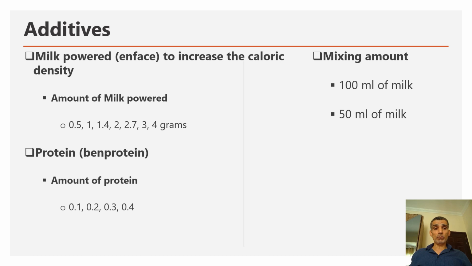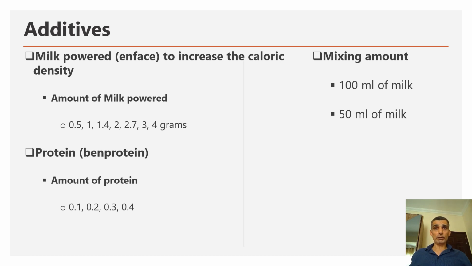And you need to state what the amount is. Are you using 0.5 gram, 1 gram, 1.4, 2, 2.7, 3, or 4 grams per 100 ml or per 50 ml? You have to specify that, and then this should also be calculated as calories per kg per day and calories per day.